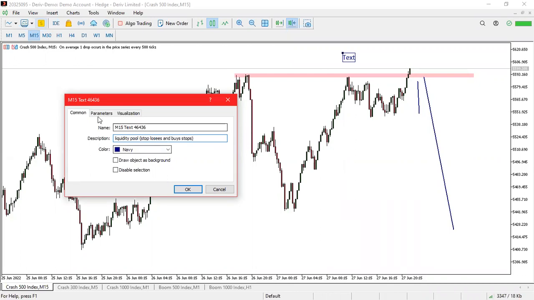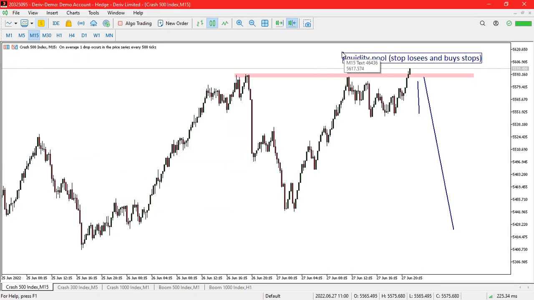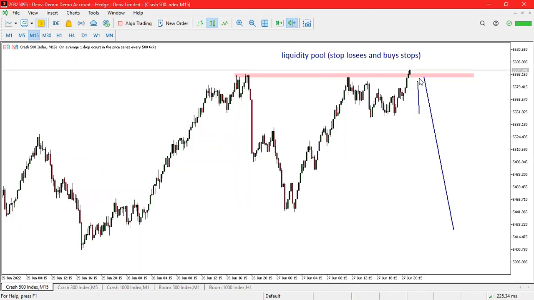As I'm trying to show you how to catch these spikes, this is a long-term trade. Yes, you see, there is a liquidity pool here. You see what's happening? Liquidity pool.